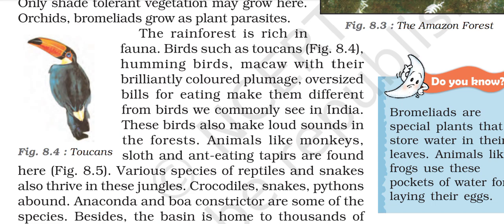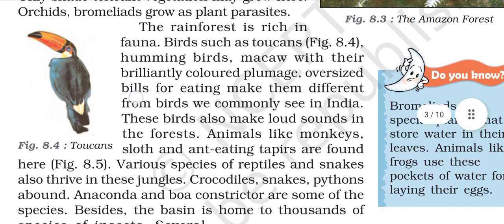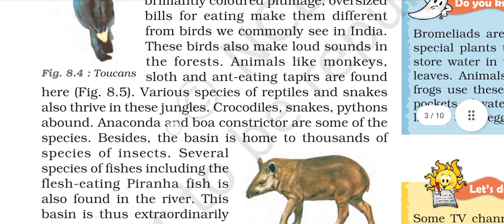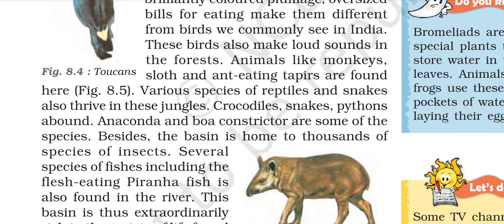It means the birds found in this region have plumage on their head. They also have oversized beaks that help them to eat. These birds also make loud sounds in the forest. There are many other animals like monkeys, sloths, which also look like monkeys, and anteating tapirs.